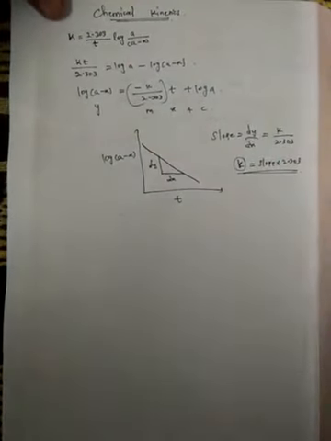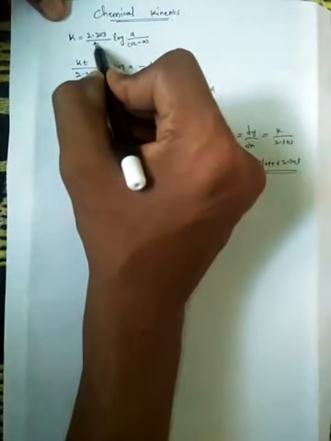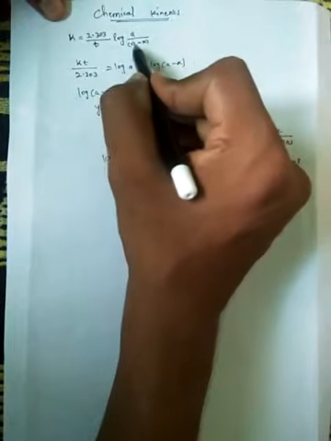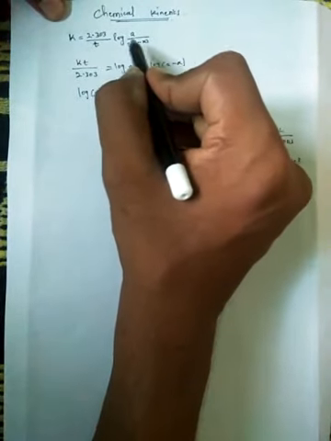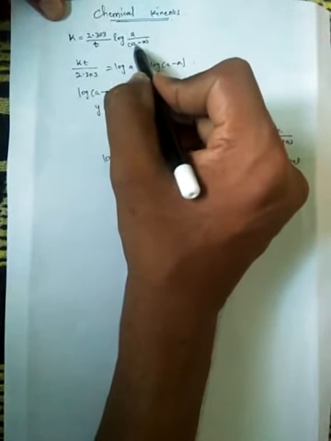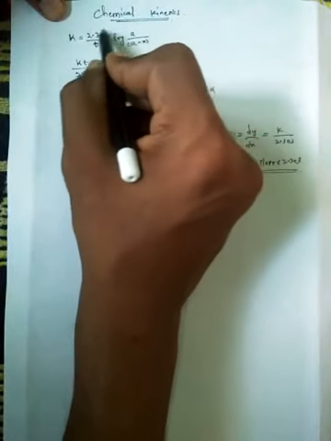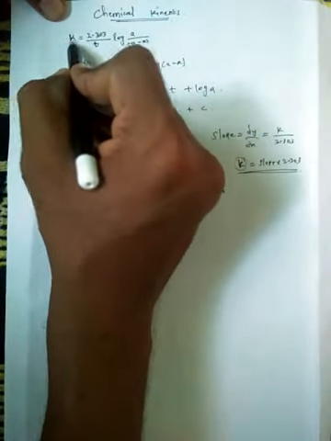Or simply you substitute in this equation at various time, where a is the initial value, and a minus x, as I said, is the concentration of the reactant at various time. If you substitute in this equation, you can find out the k value.